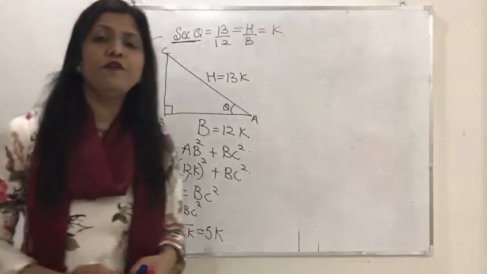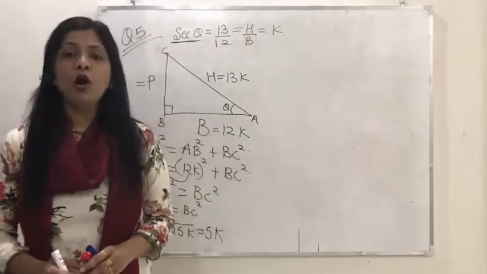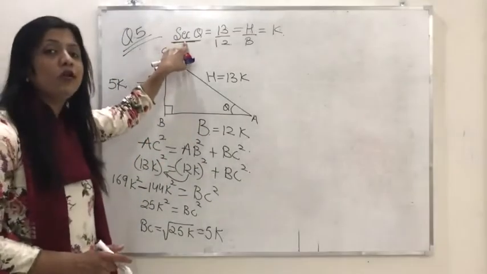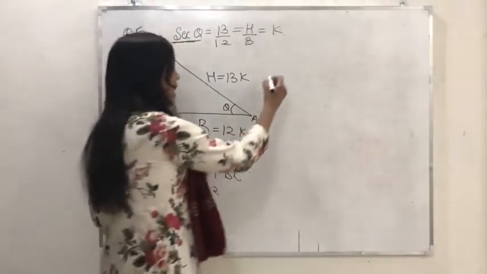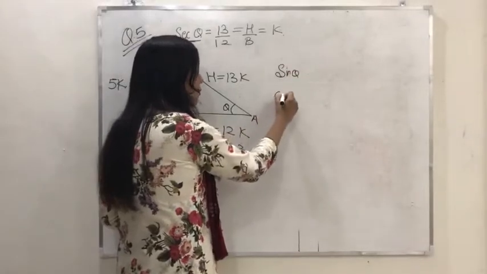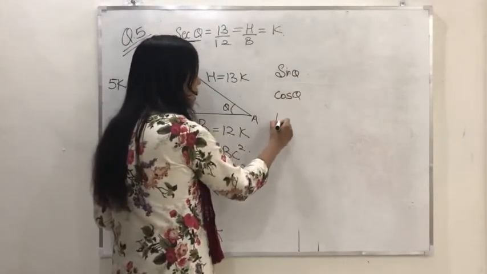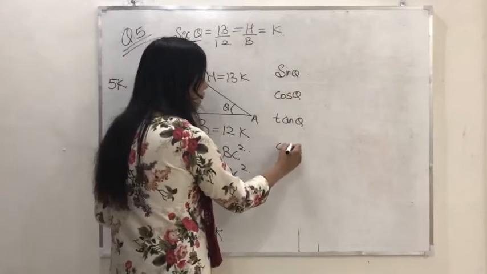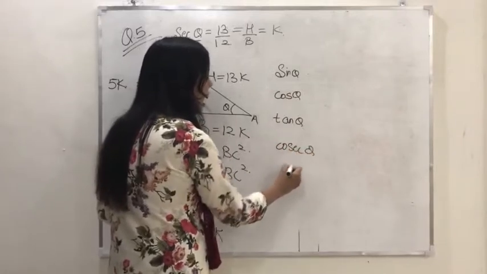Now you want to find the value of all trigonometric ratios. You already know what is value of sec theta. The remaining 5 trigonometric ratios are sin theta, cos theta, tan theta, cosec theta and cot theta.